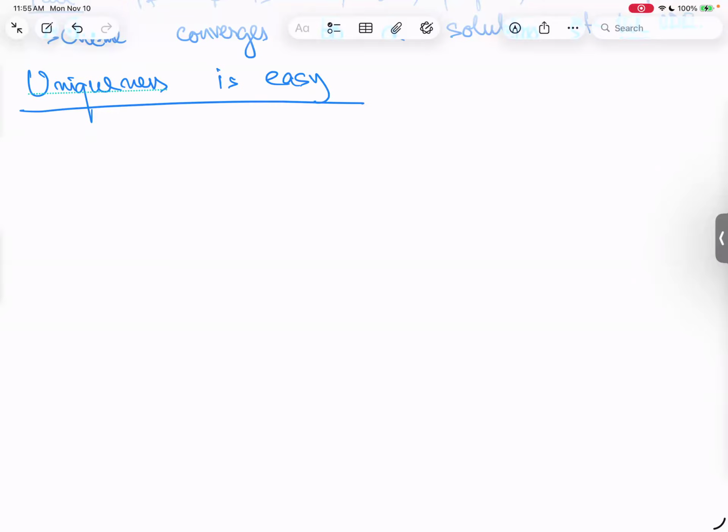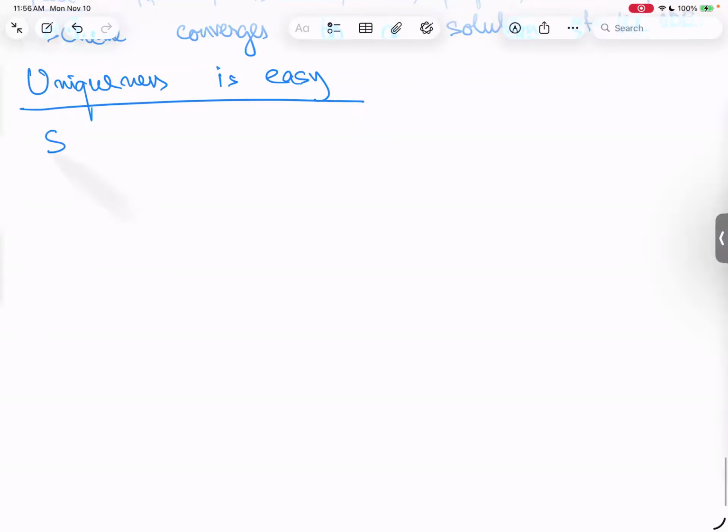Okay, so what do I mean by uniqueness? What I mean by uniqueness is that if I look into a solution of the ODE, starting from a single point x0, then xt for any future time t is uniquely defined. To see this uniqueness, start two gradient flows.